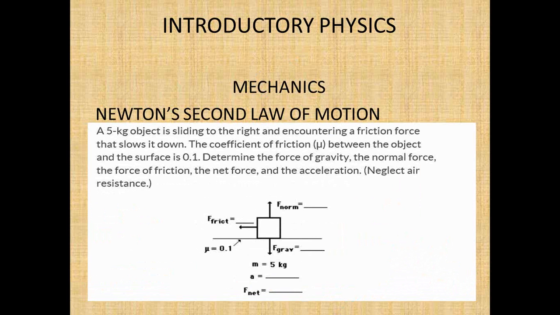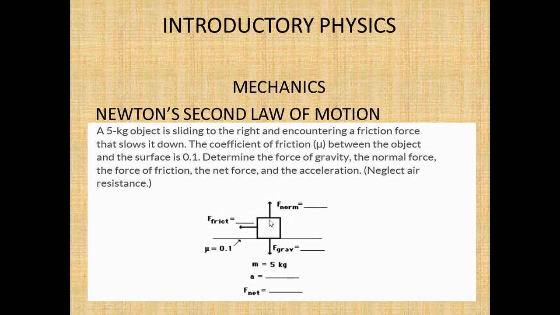All right, the first thing you have to do is draw the free body diagram. You have an object sliding to the right, but the force of friction, which is to the left, is slowing it down. Of course, it's on a level surface, so the force of gravity is straight down and the normal force is straight up.